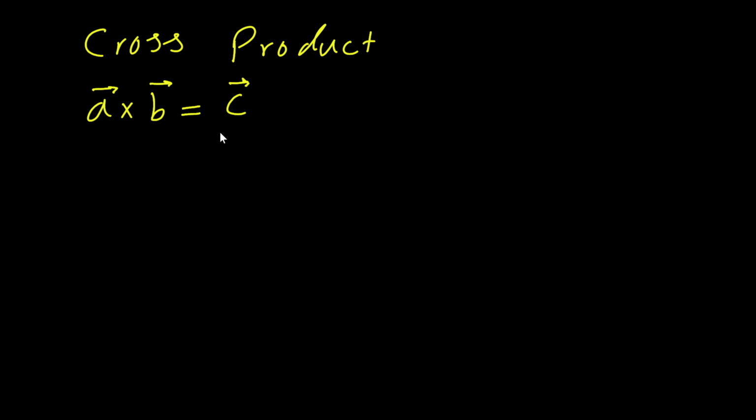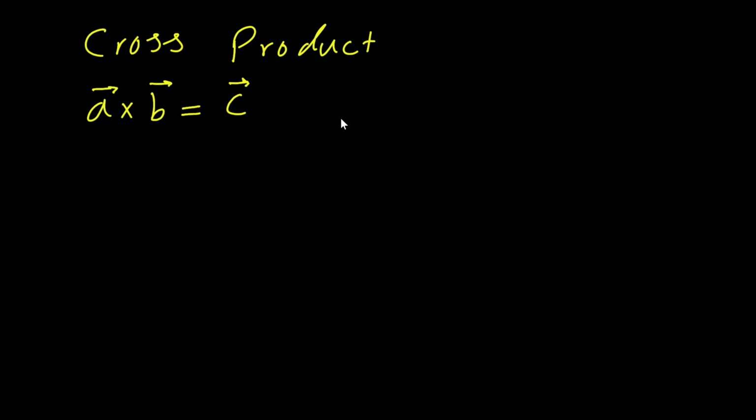But the cross product gives us a third vector. And that vector C is going to be perpendicular to both of these two vectors: C is perpendicular to B, and C is also perpendicular to A.